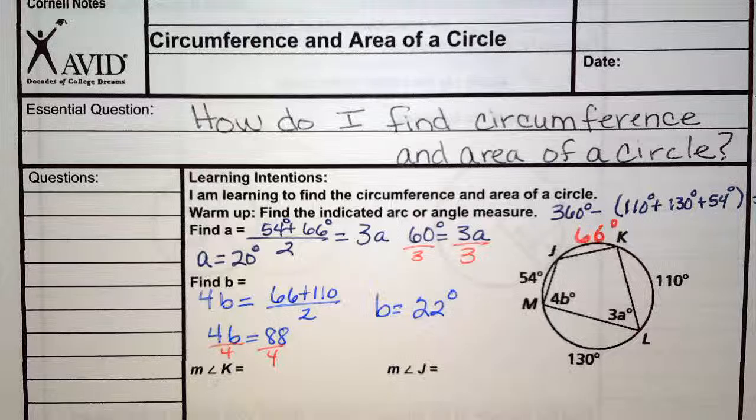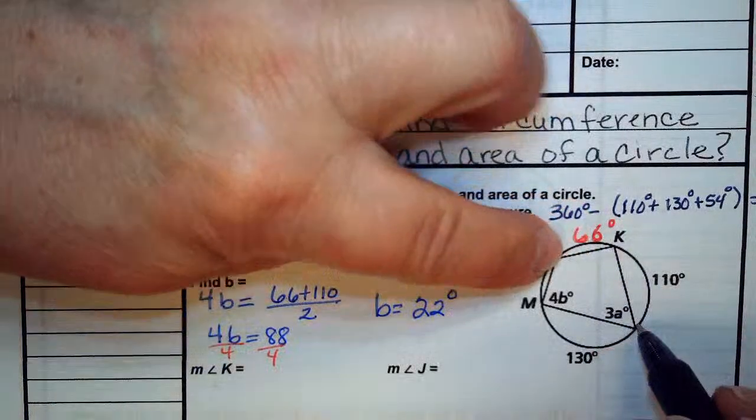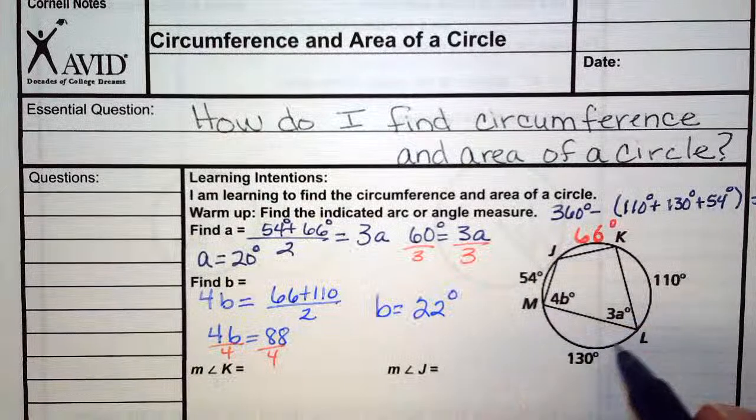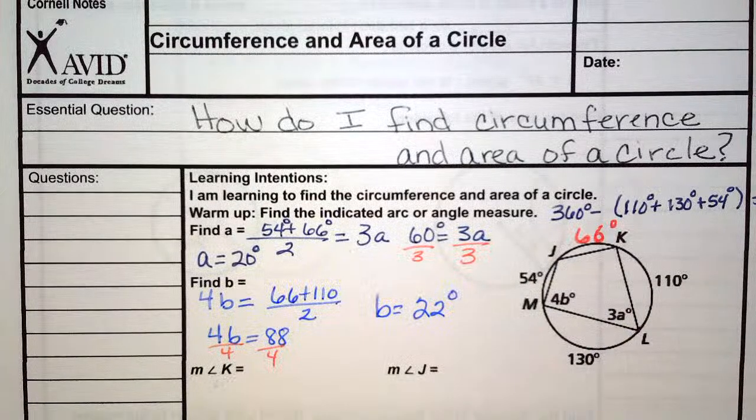Okay, so all of these angles we're looking at are inscribed angles. Their vertex is on the circle. So if I'm looking at the measure of angle K, it will be half of this bigger arc. It will be half of 54 plus 130.